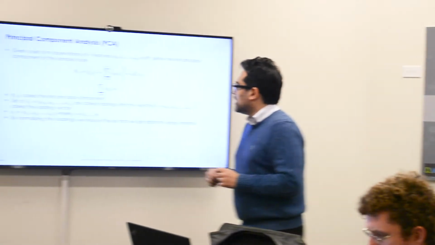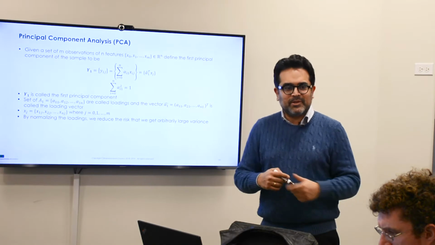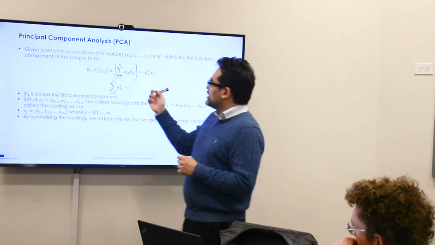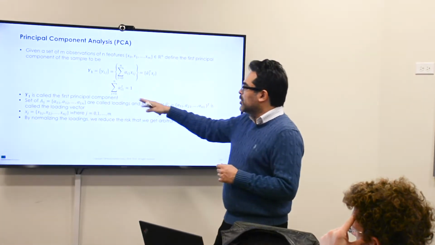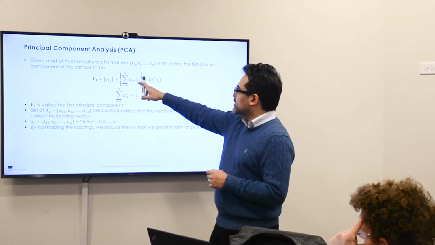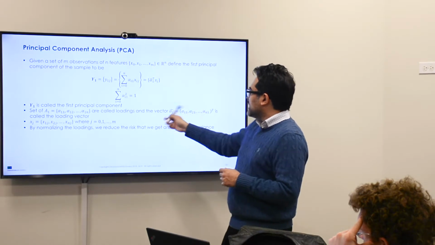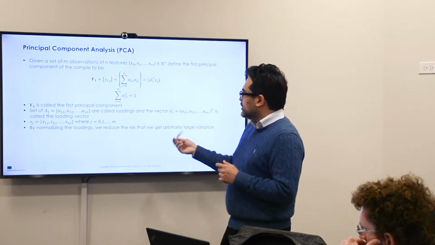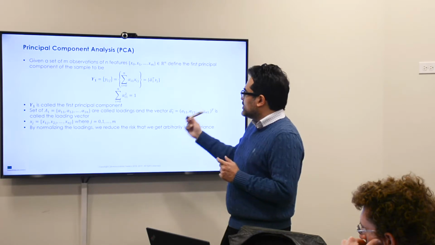Yeah. The way to do this, and I won't go into a ton of detail because this involves matrix multiplications and figuring out transposes and things like that, is that the first thing you do is define something called a loading. These are the alphas. The set of loadings is called a loading vector. The first thing you do is normalize it.